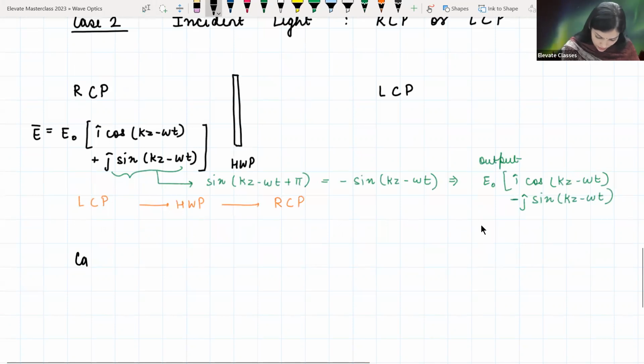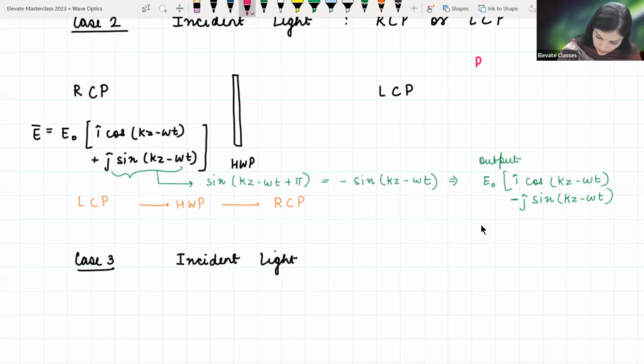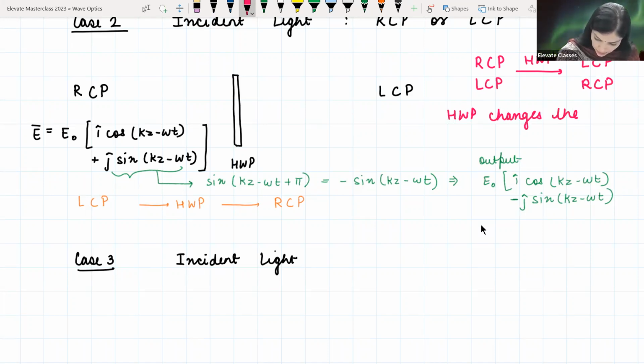So case 3 can be that the incident light, let us write this big here, is RCP or LCP, both of them going through the half wave plate. So LCP and RCP will be changed. So the half wave plate changes the handedness of circularly polarized light.